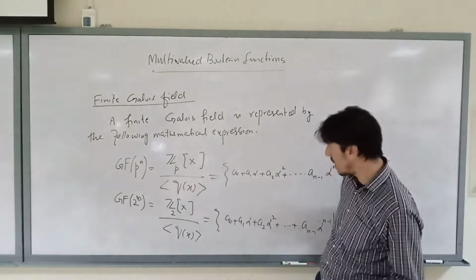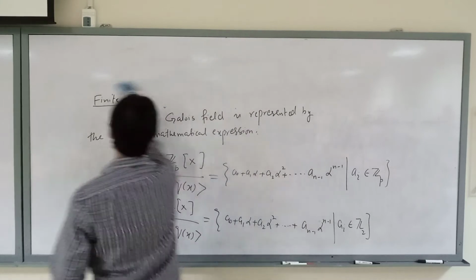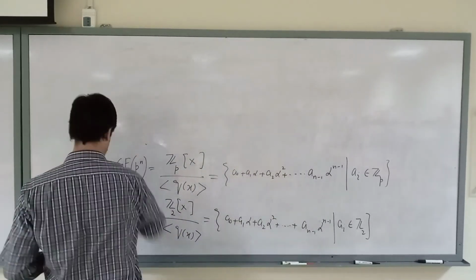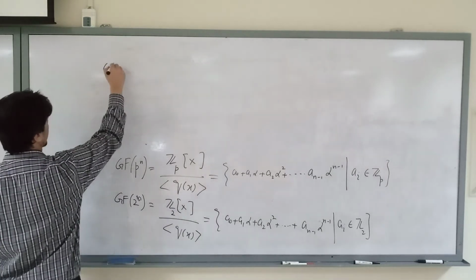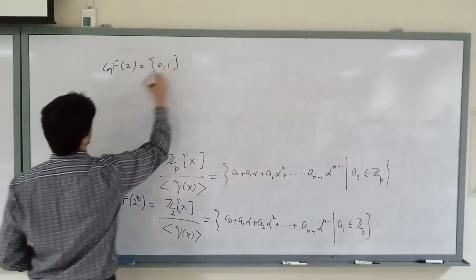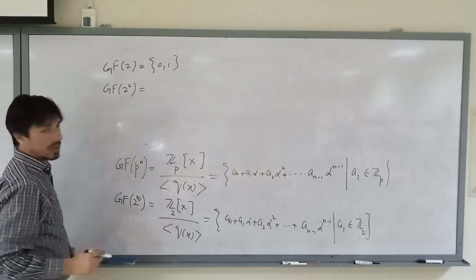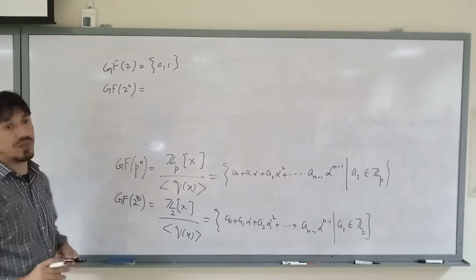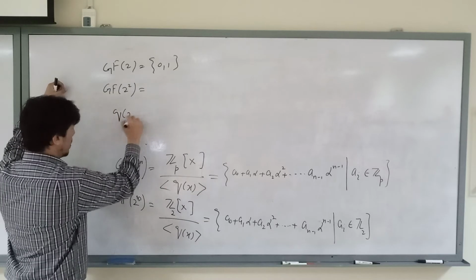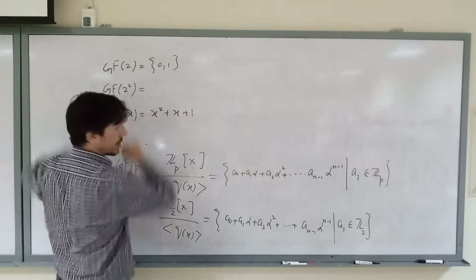So if I talk to you about finite field GF2, it has only two elements, 0 and 1. If I talk to you about GF 2 power 2, this is Galois field of 4 elements. Let me take Q of x, a primitive irreducible polynomial in this.